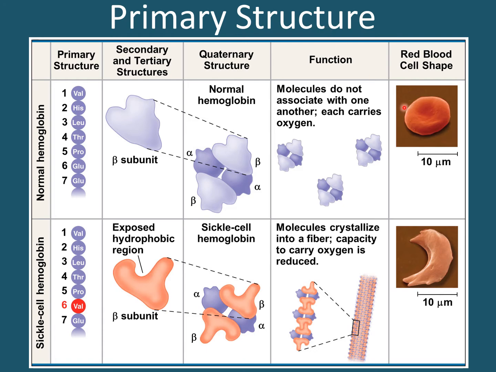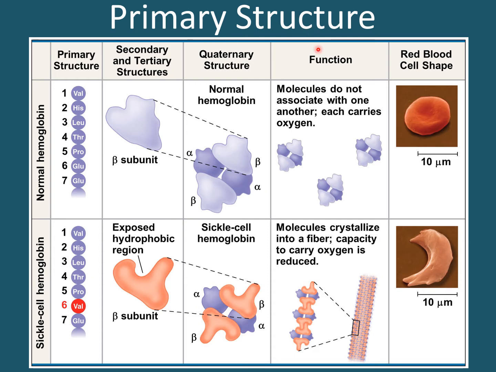Normal hemoglobin proteins are shaped like globs, and normal red blood cells in which they're found have a biconcave shape. In other words, they have dimples on both sides. In sickle cell anemia, the altered hemoglobin sticks together in long fibers, and these fibers alter the shape of the red blood cells into a crescent moon or sickle shape.